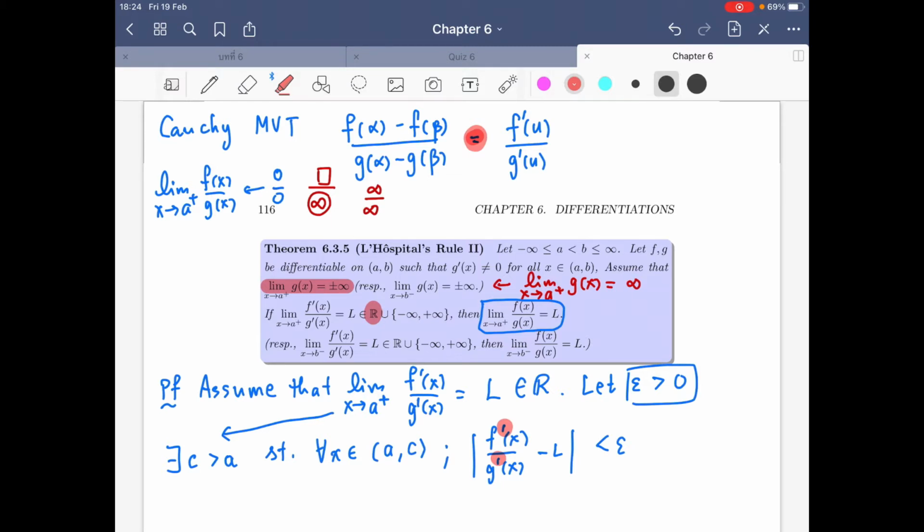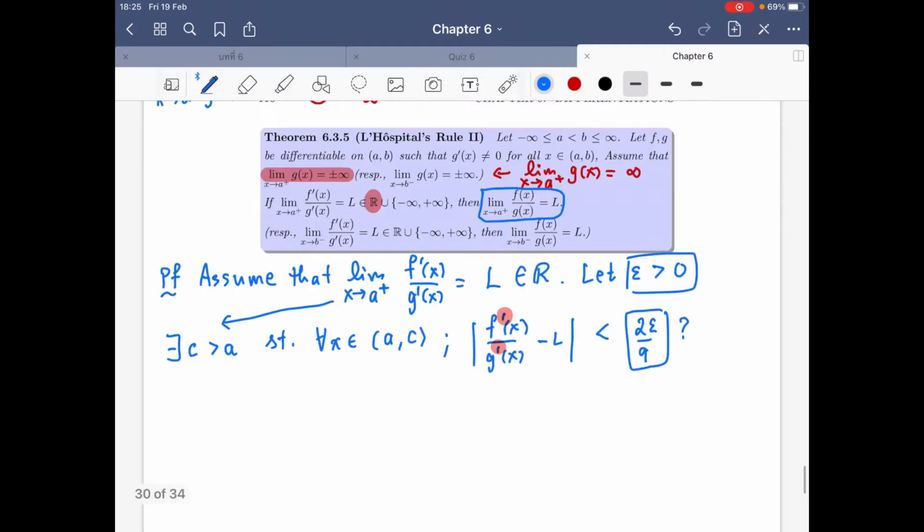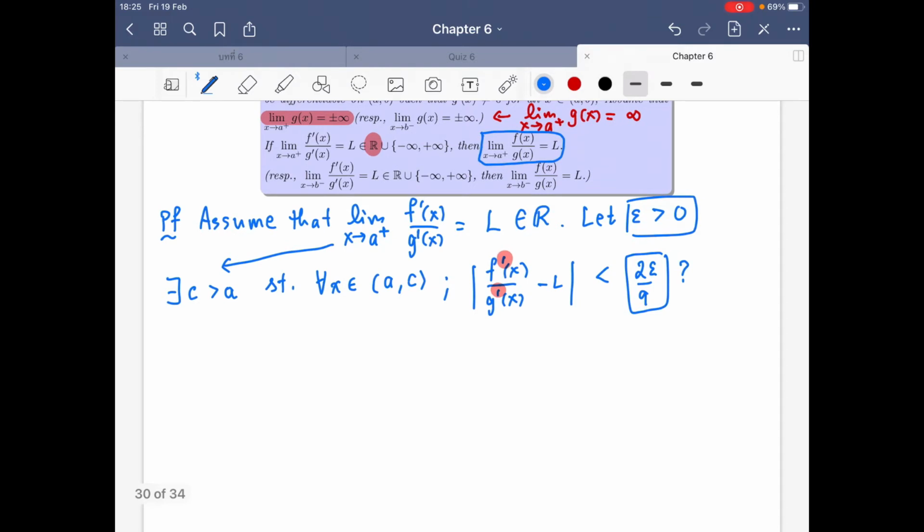Let us do it this way first. Maybe epsilon is too fictitious, so to be more realistic, we are going to compare this with 2 epsilon over 9. You are going to know why we need this value later on. This is something we will use to connect the pieces together, so let us keep this in mind first.